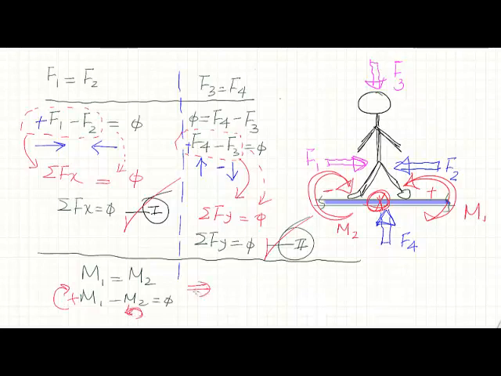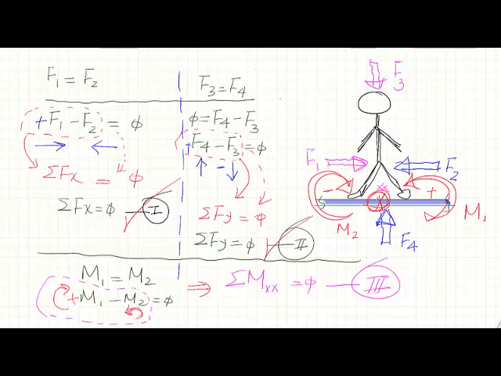So what we are doing on this part is the sum of moments about a point, call this point x, and this is equal to 0. And believe it or not, this is the third equilibrium equation.